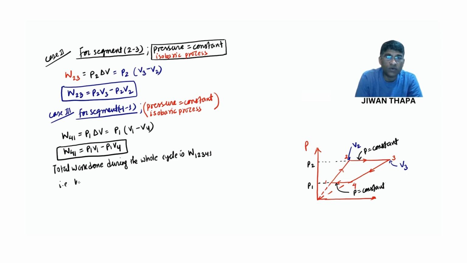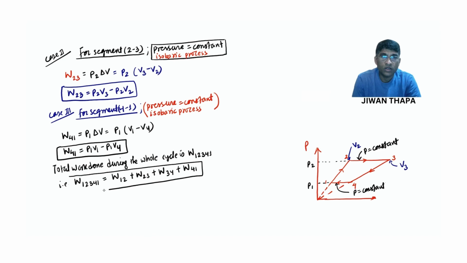So we can write it this way: W12341 equals work done on the segment W12 plus work done on the segment W23 plus work done on the segment 3, 4 plus work done on the segment 4, 1.